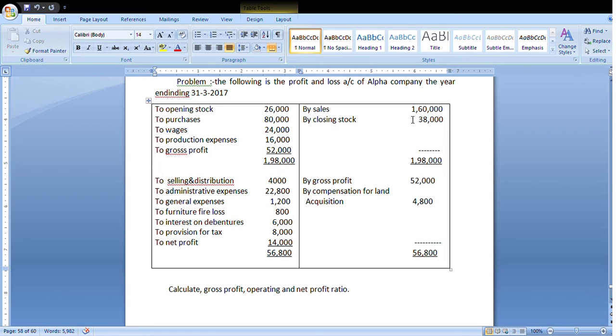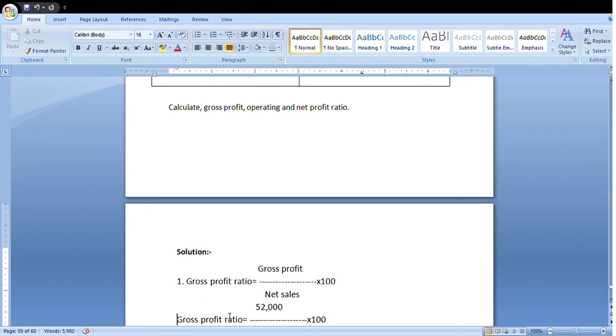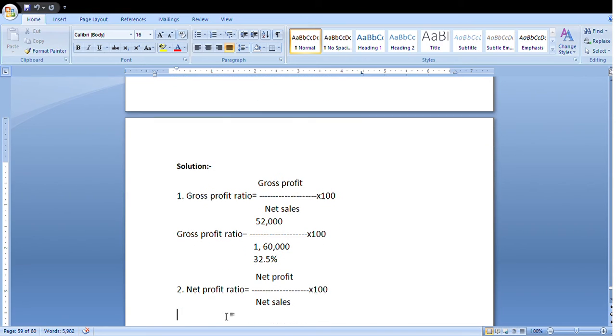This is also sales. You apply the formula. Gross profit ratio is equal to gross profit by net sales into 100. Both are available: gross profit and net sales.